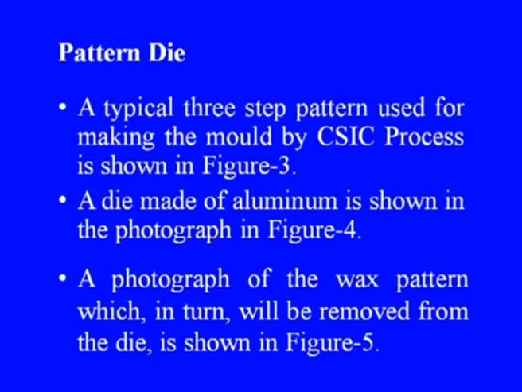Let us see the pattern die. A typical 3-step pattern used for making the mold by ceramic shell investment casting process is shown in figure 3. A die made of aluminum is shown in the photograph in figure 4.